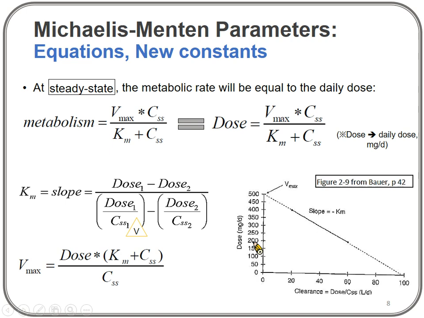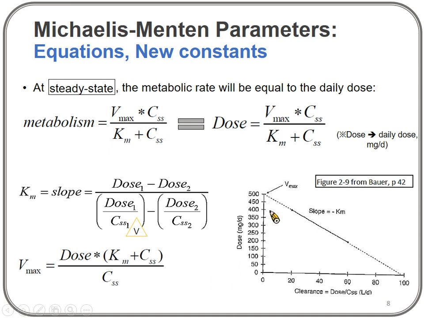So the rate of metabolism approaches the daily dose to be removed, and that is Vmax times the steady state concentration, divided by both Km and the concentration.